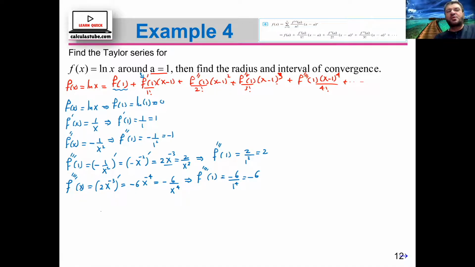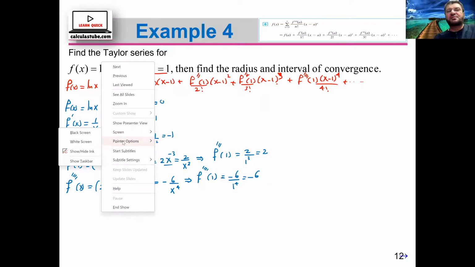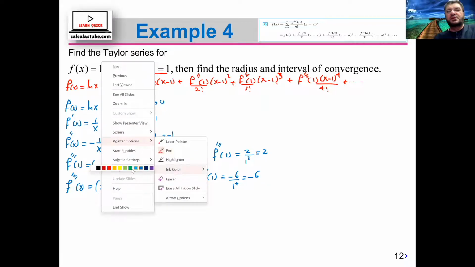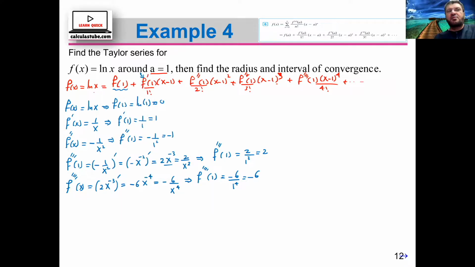So what do we do now? Now we go back to our presentation, simply back to the red one. Our function is ln, so ln x is equal to f of 1. F of 1 is 0, so the first term is 0. Plus f prime at 1, the second term, is 1, times x minus 1 to the power 1 over 1 factorial.